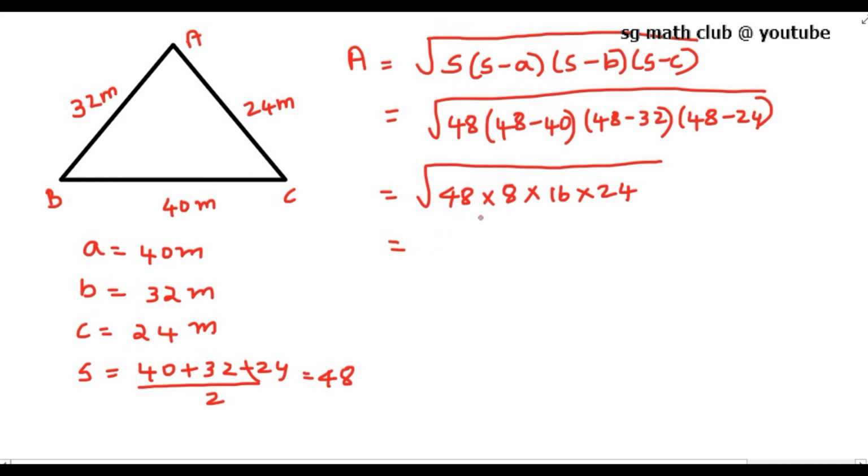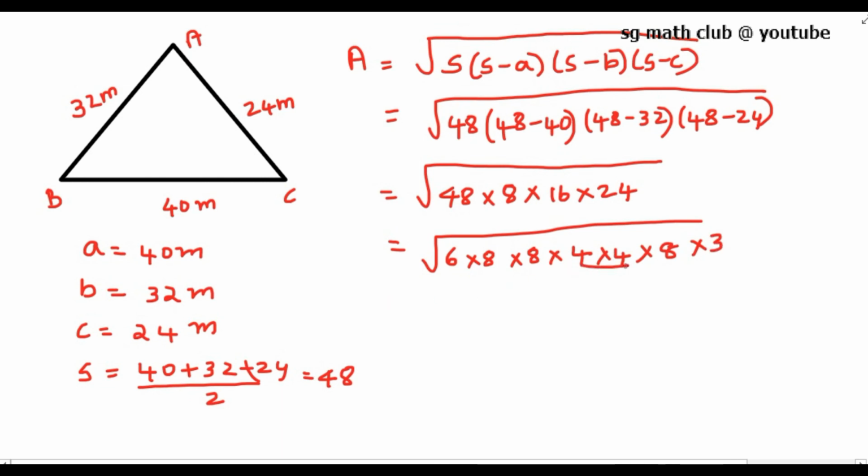So the square root of 48 into 8 into 16 into 24. We can factorize this. 48 is 6 into 8. Again one 8 is there. 4 4s are 16 and 24 I can write as 8 into 3. So one 4 you can take outside. Again one 8 you can take outside.